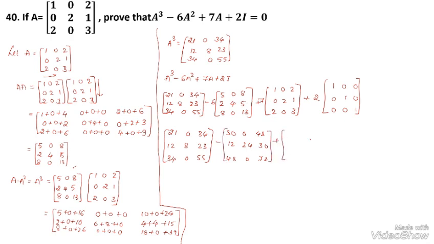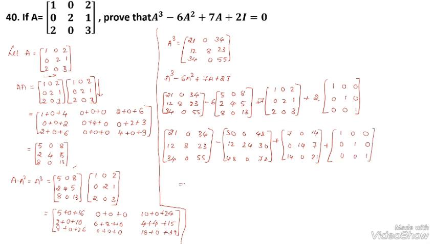Plus I can multiply 7: 7 0 14, 0 14, 7 1s are 7, 7 2s are 14, 0, 21, and simply here 1 0 0 0 1 0 0 0.